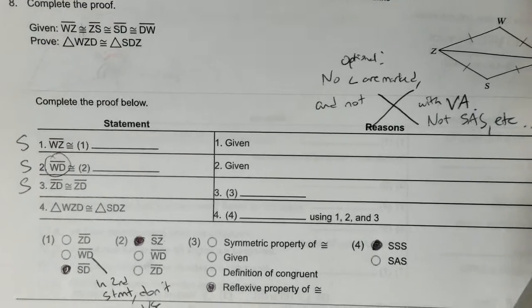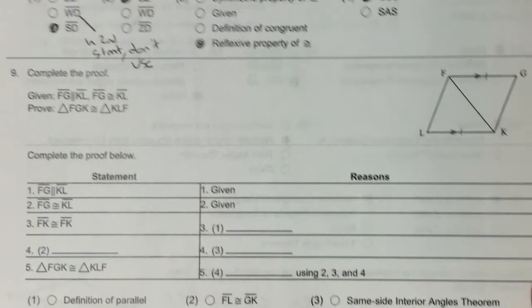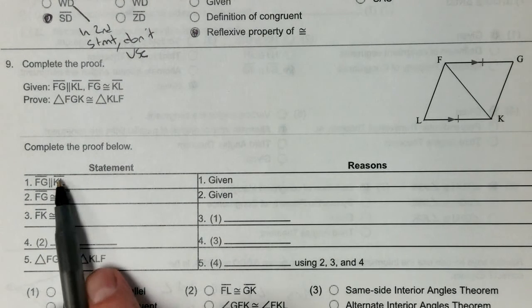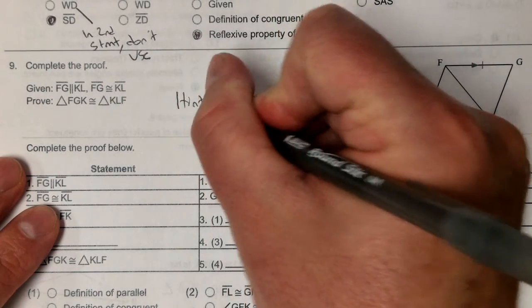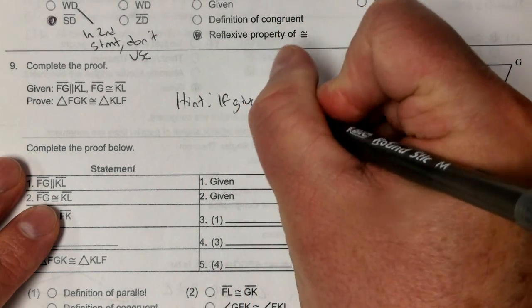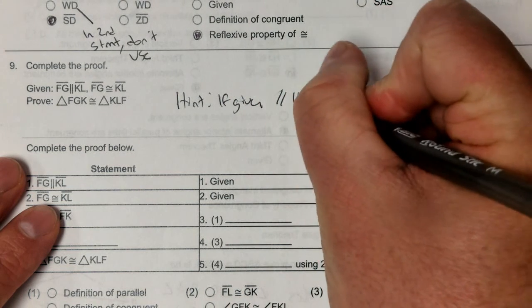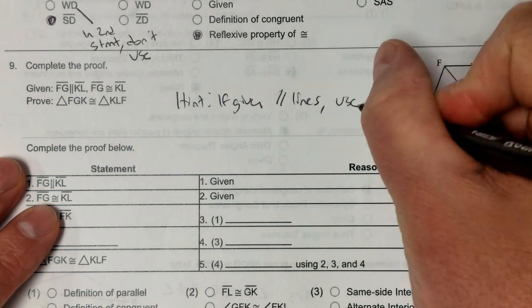Okay, so that was number 8. Number 9, this time we've got parallel lines, and just as a hint, if given parallel lines, it's going to use angles.